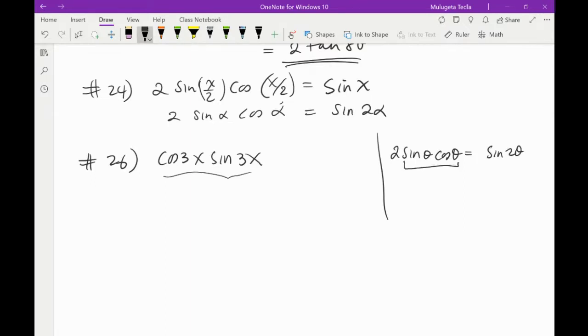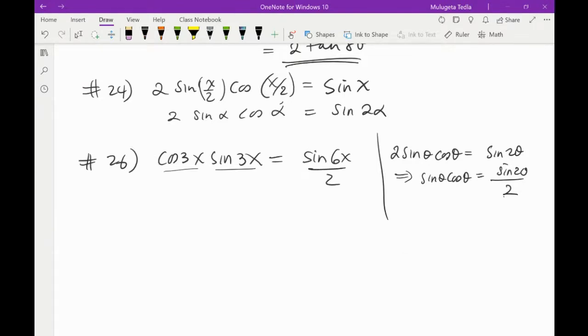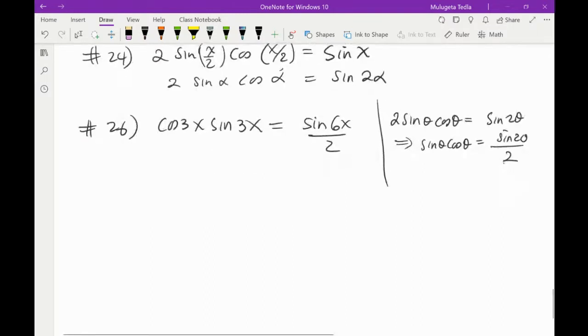So if they give us only this, you have to divide by 2, right? So sine theta cos theta is sine of 2 theta divided by 2, because the 2 is missing here. So I'm going to double the angle to sine of twice 3x, which is 6x, but divide by 2, because the 2 is not here.